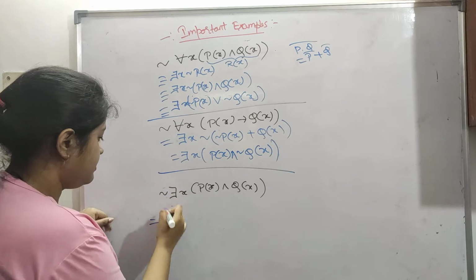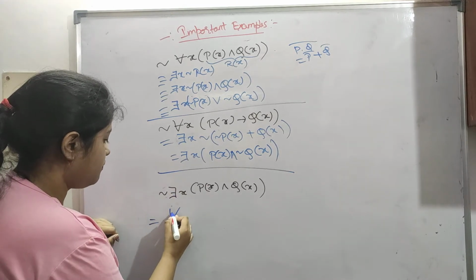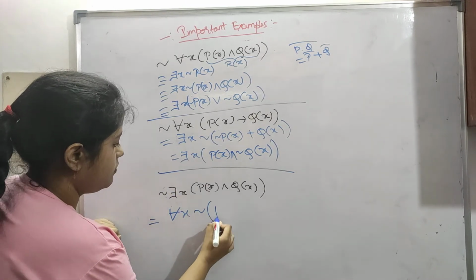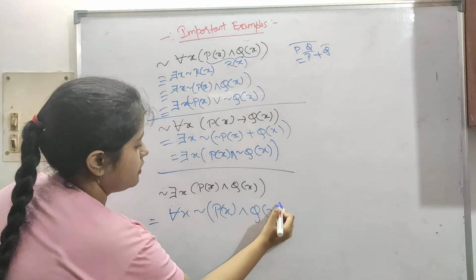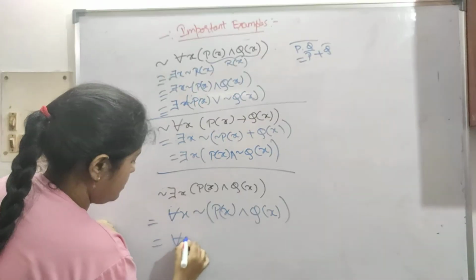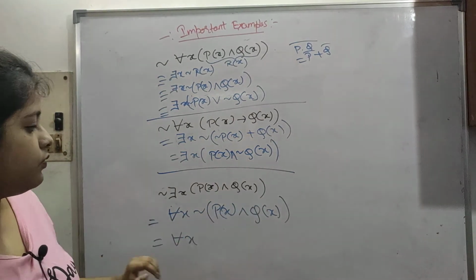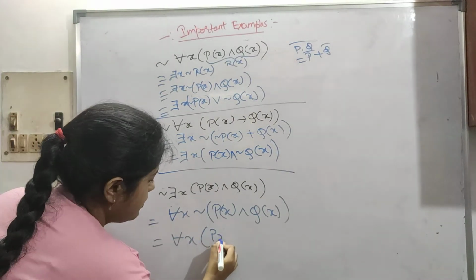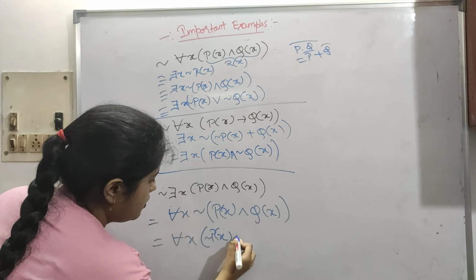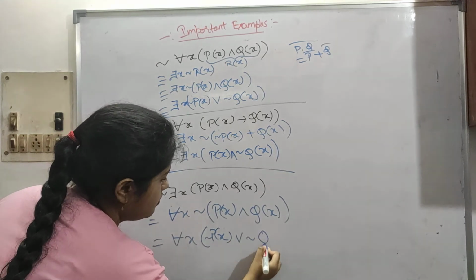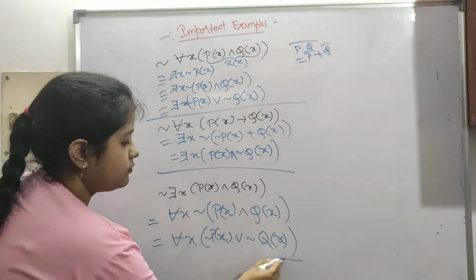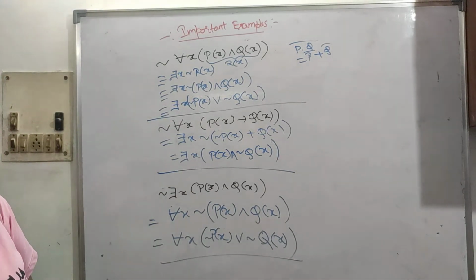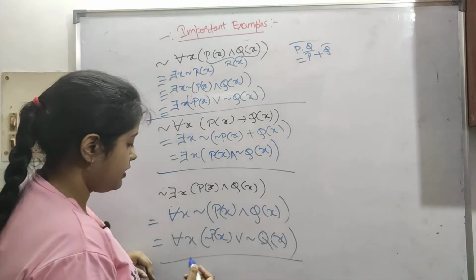Now there exists will be changed to for all x. Now P(x), Q(x), and this negation will go inside. So this is basically P(x) or complementation of Q(x).